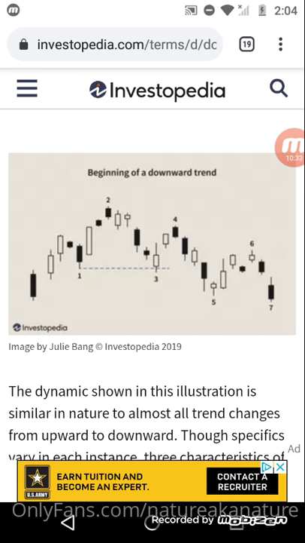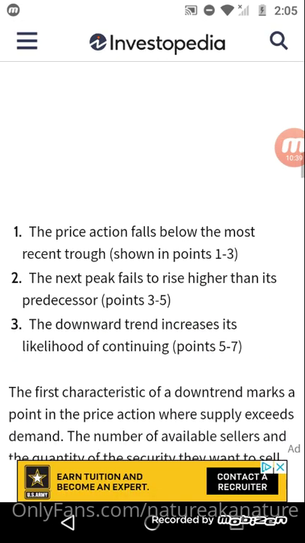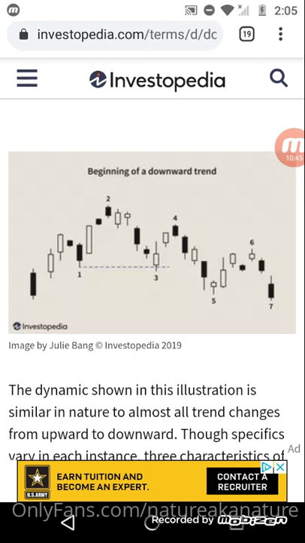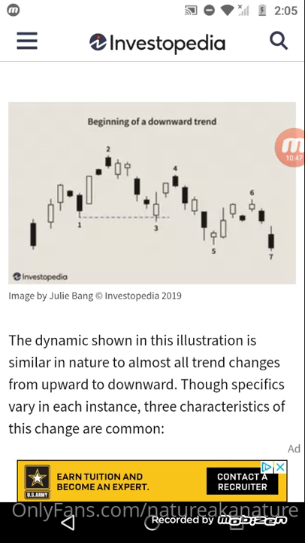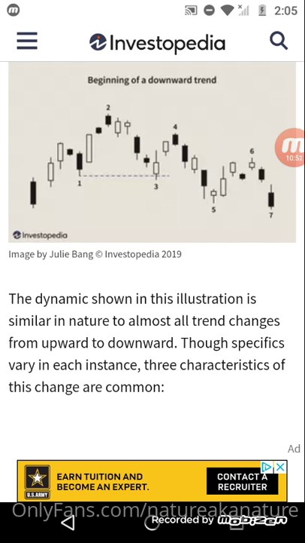The next peak fails to rise higher than the preceding point, 3 to 5. It's not going to rise higher because it's going down. It's making lower highs and lower lows, but the lower high at number 6 is never going to be higher than number 4, or it's going to break structure for lower highs and lower lows.